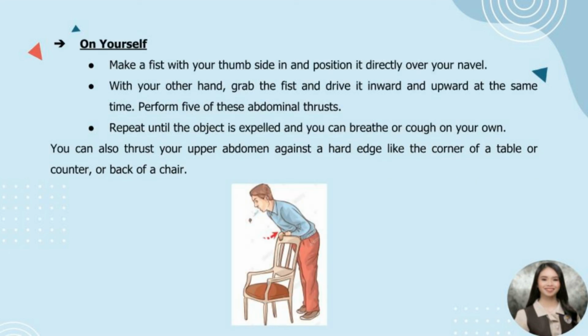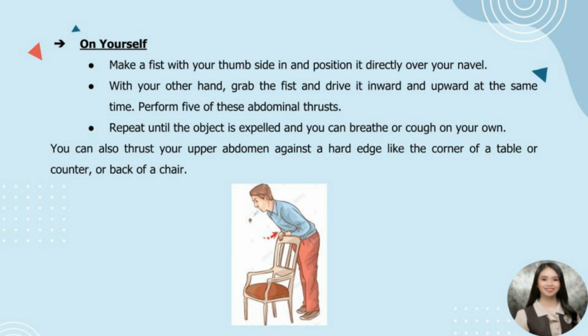If you're all by yourself and no one's with you, you need to remember and follow these guidelines. So first, make a fist with your thumb side in and position it directly over your navel. With your other hand, grab the fist and drive it inward and upward at the same time. Perform 5 of these abdominal thrusts.